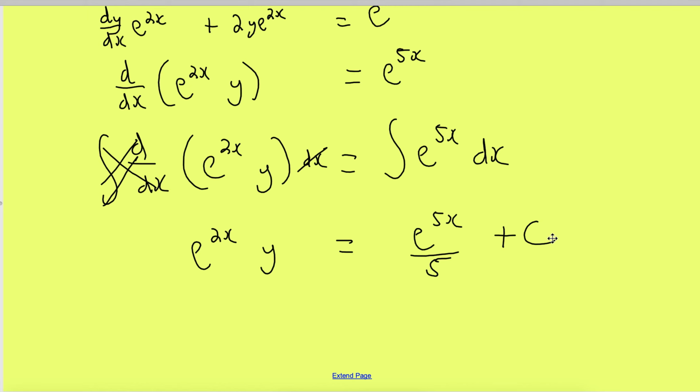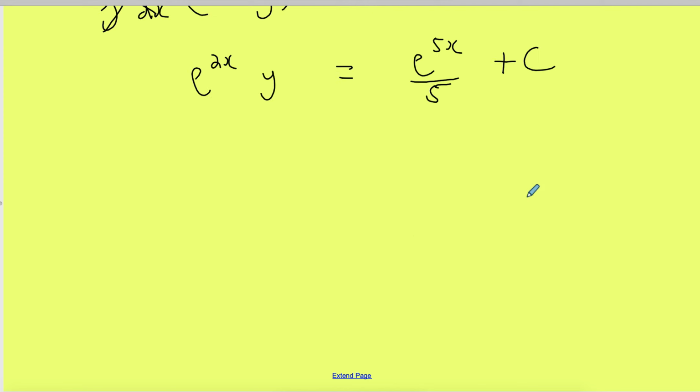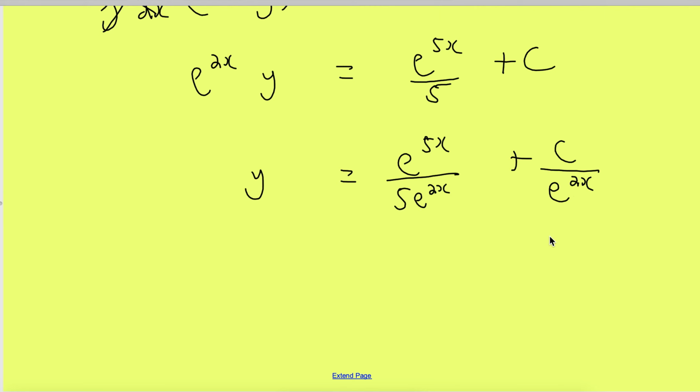Right, now remember what I said, I always want it to look like y equals something. So I need to divide by e to the power of 2x. So that's e to the power of 5x divided by 5 times e to the power of 2x, plus c over e to the power of 2x.